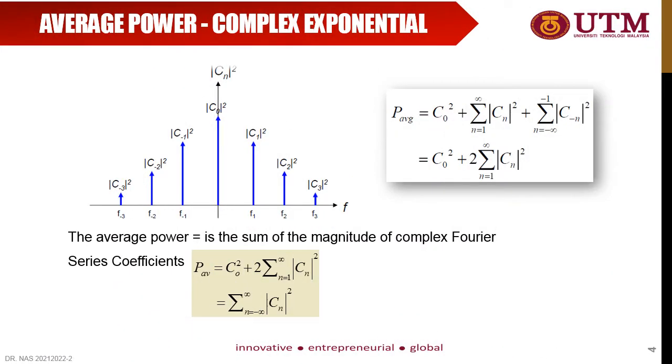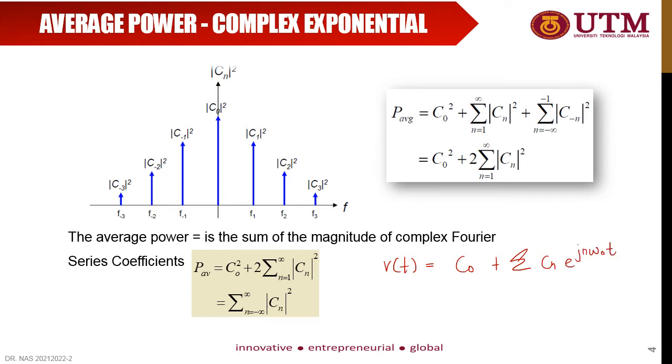Okay, let's recap the equation for the exponential Fourier series, in which the signal v(t) is equal to C naught plus the summation of Cn e to the power j n omega naught t.